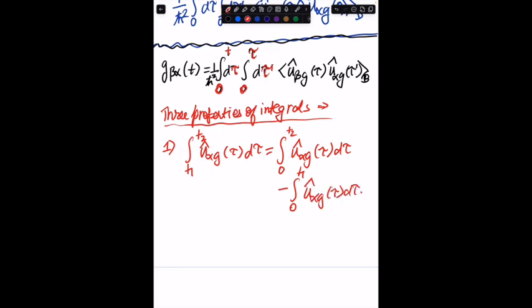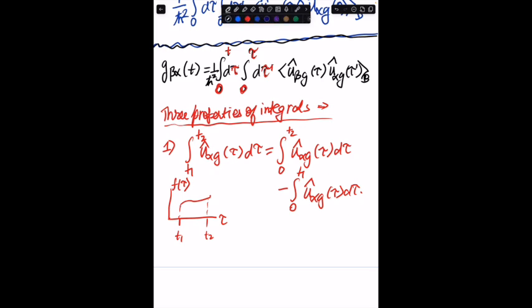So if you assume some arbitrary function, f of tau, as a function of tau from t1 to t2, and assume that it's continuous over this bound, then what you could do is integrate this function from, let's say, assume that it's continuous from 0 to t2. That's an assumption that it's continuous in this range, right?